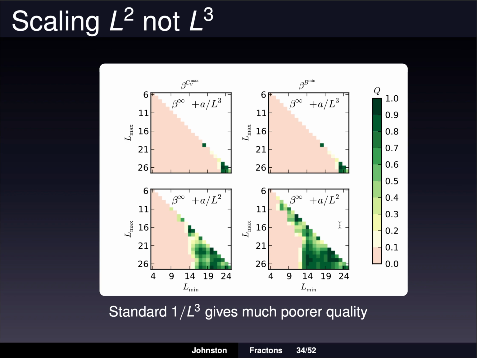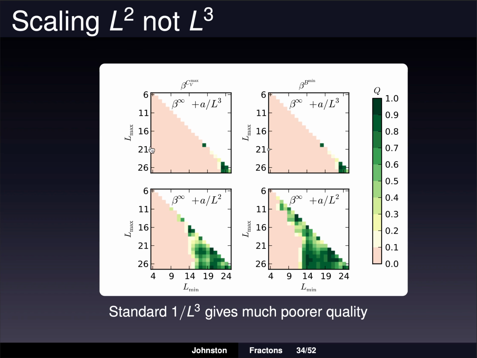Now we go back and we try and compare our estimates of the critical temperature with a different shift. So in these pictures, the original model is on the left-hand side. The dual model is on the right-hand side.